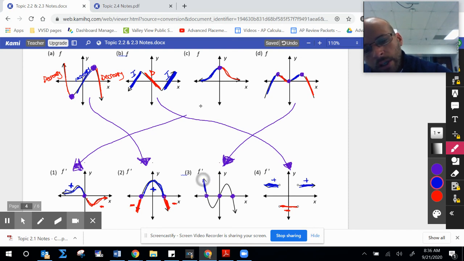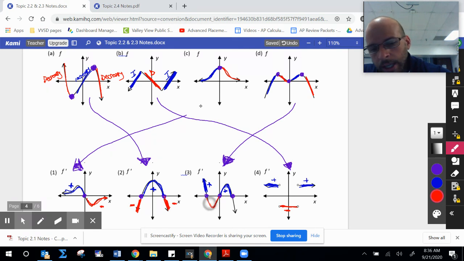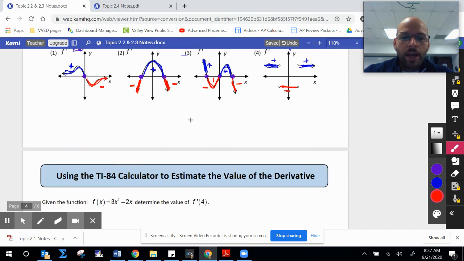So if you look here, it's going to go positive, and later on it will go positive. And then you can see here it decreases, and then it decreases. Okay, so again, those last 2 match up. So trying to match those graphs together.